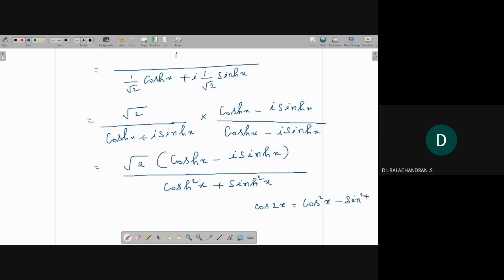I gave this formula two days before, and I told you that you need to convert. So here theta equal to ix.